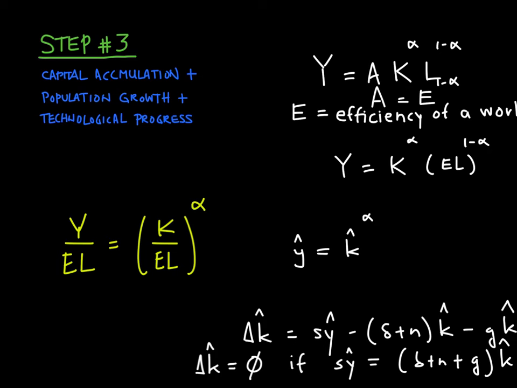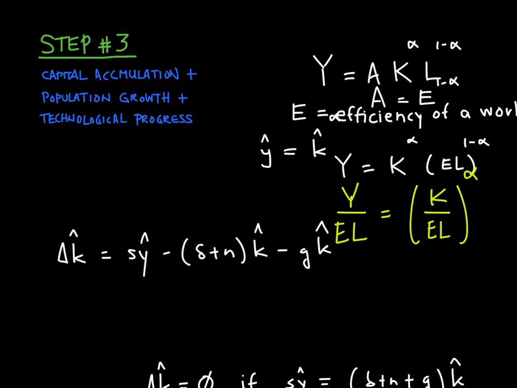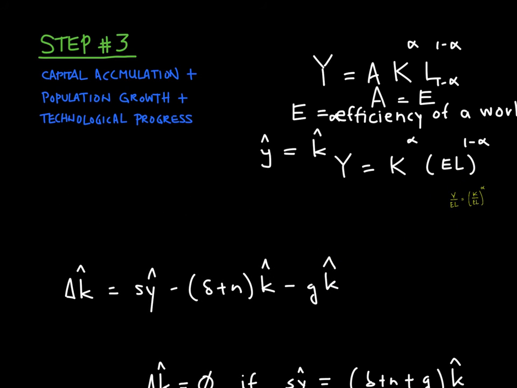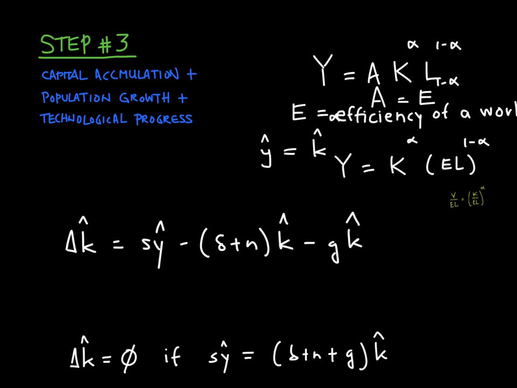All right, so if we move all these things away, we can see that if we want to have more capital per effective worker, this is what it's going to take. We have to, of course, save out of that output per effective worker.